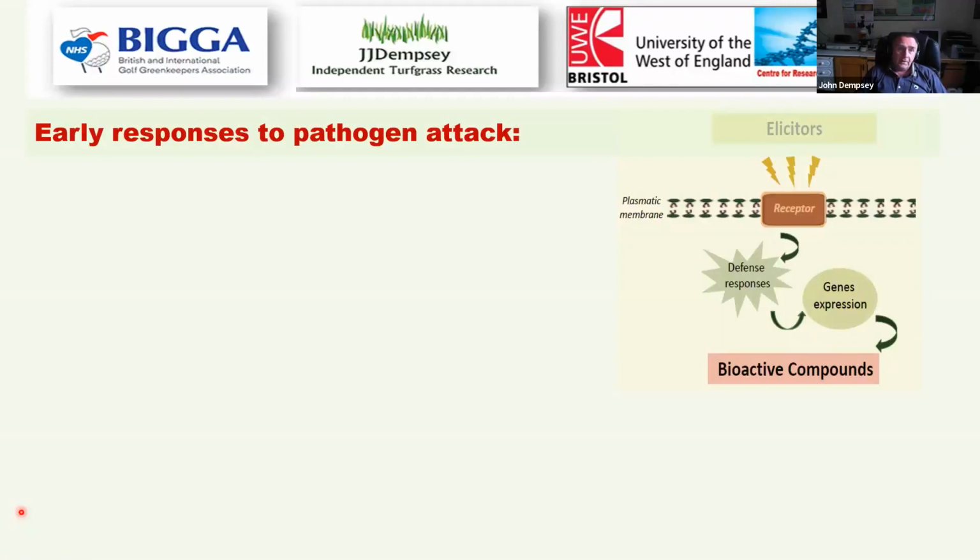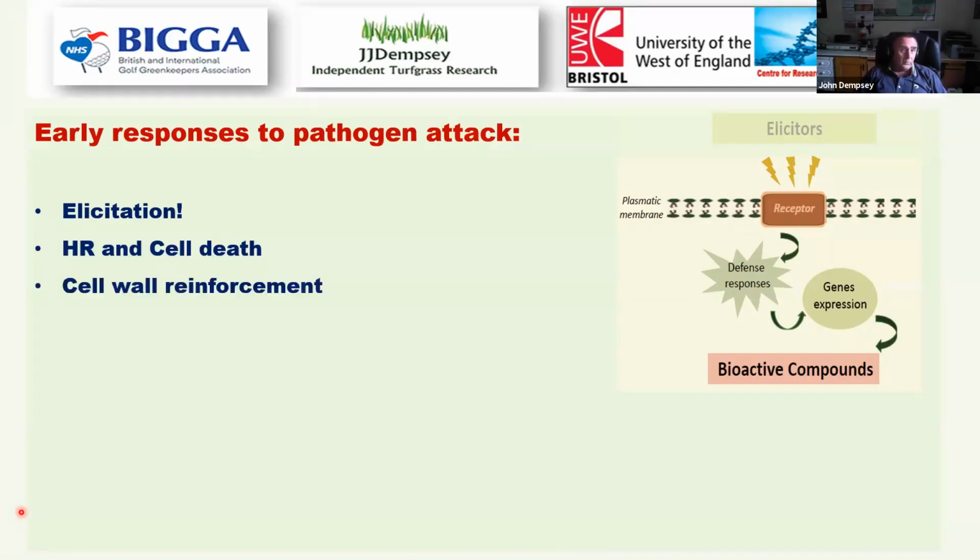So, a very quick review of early responses at pathogen attack. Obviously, the main thing is elicitation. The plant has to recognize it's being attacked. Then it produces this hypersensitive response, HR, and cell death in the areas surrounding the infection. Other cell walls in the area are reinforced by lignin, which strengthens them, so that the pathogen finds it harder to break through.